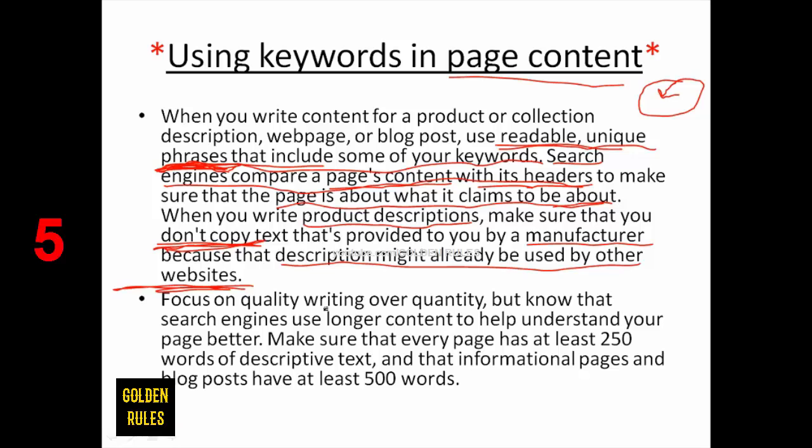Focus on quality writing over quantity. Writing a quality description of 320 words will be more beneficial than writing 1500 words as a description. Search engines use longer content to help understand your page better.